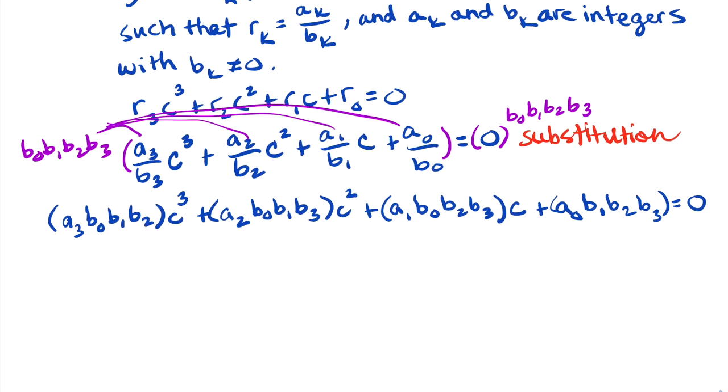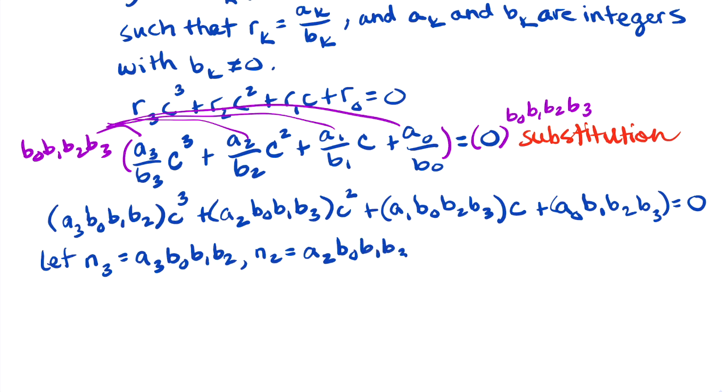So if we let n3 equal a3, b0, b1, b2, n2 equal a2, b0, b1, b3, n1 equal a1, b0, b2, b3, and then n0 equal a0, b1, b2, b3.